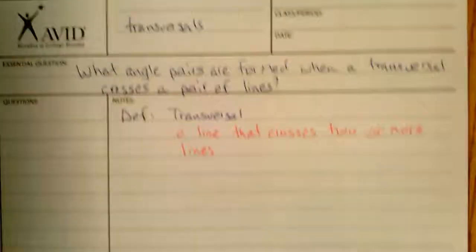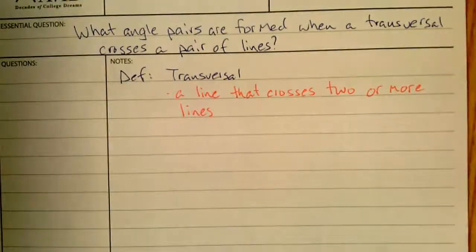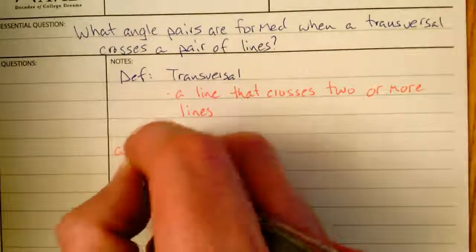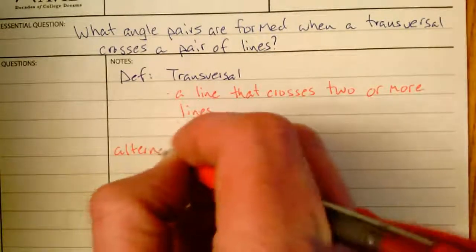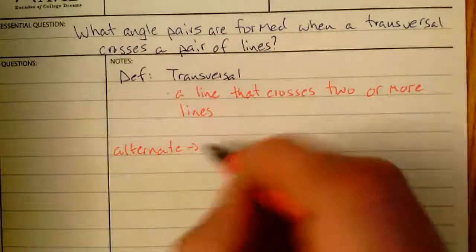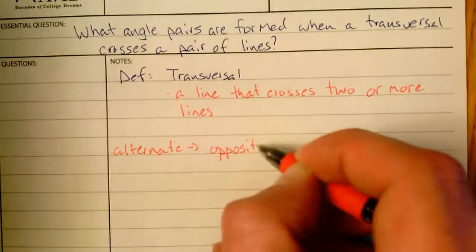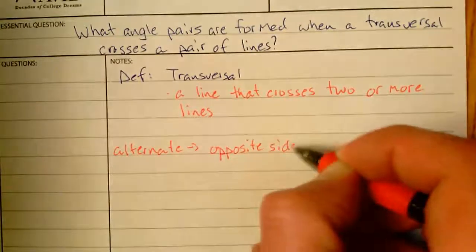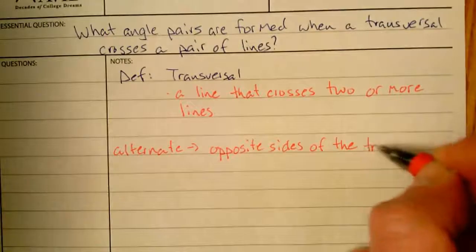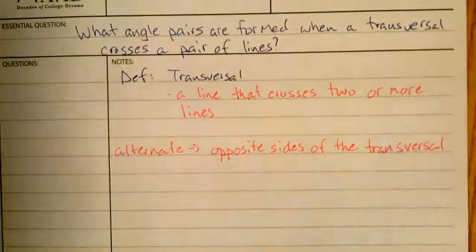Now, before we get into this, we need to define a couple of other terms here. First, we have alternate, which is opposite sides of the transversal.